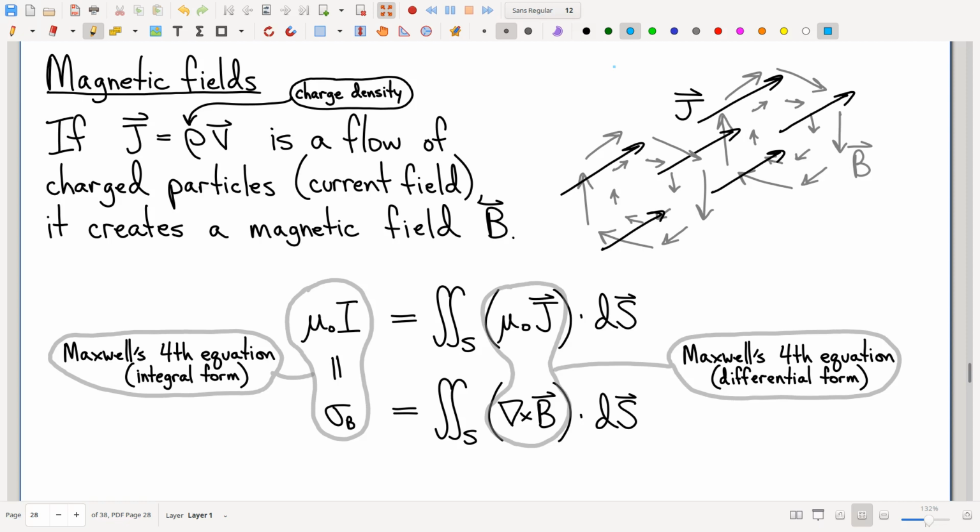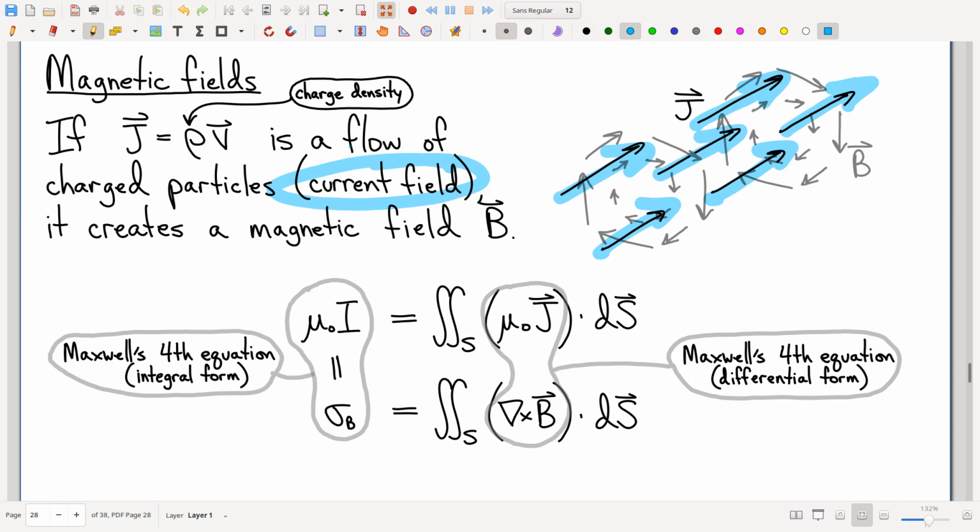Well, that assumes the charged particles are all in a wire. In general, they're not necessarily. In general, charged particles can be flowing along freely in space. Maybe they're in a wire, but they don't have to be. So this is the idea of charged particles not confined to a wire, but just flowing through space, and we represent that with what we call the current field.